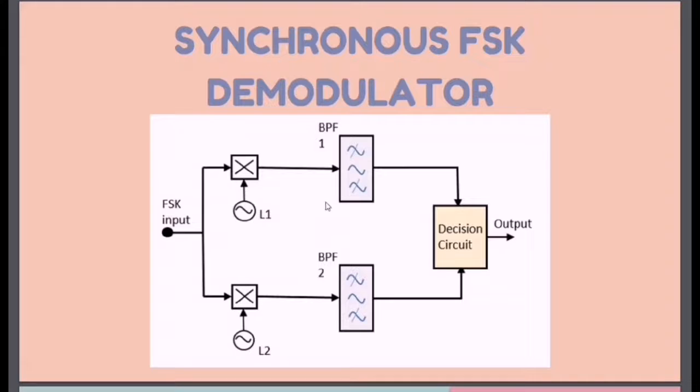This combination acts as a demodulator, and the decision circuit chooses which output is more likely and selects it from one of the detectors. So the two signals have a minimum frequency separation. For both of the demodulations, the bandwidth of each depends on the bit rate. The synchronous demodulator is a bit more complex than the asynchronous type of demodulator.